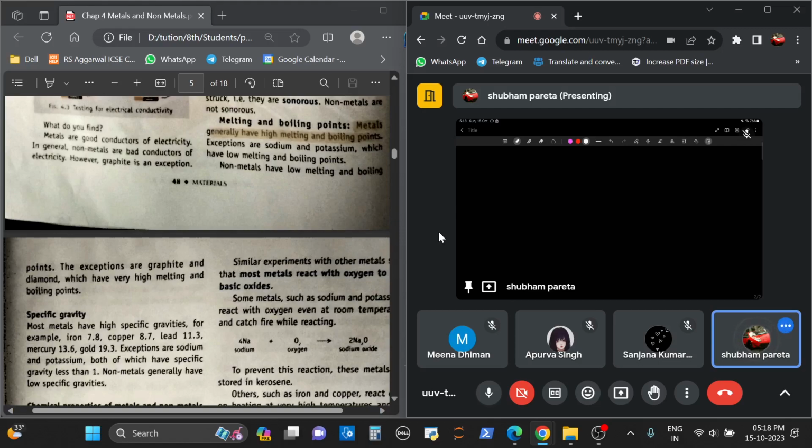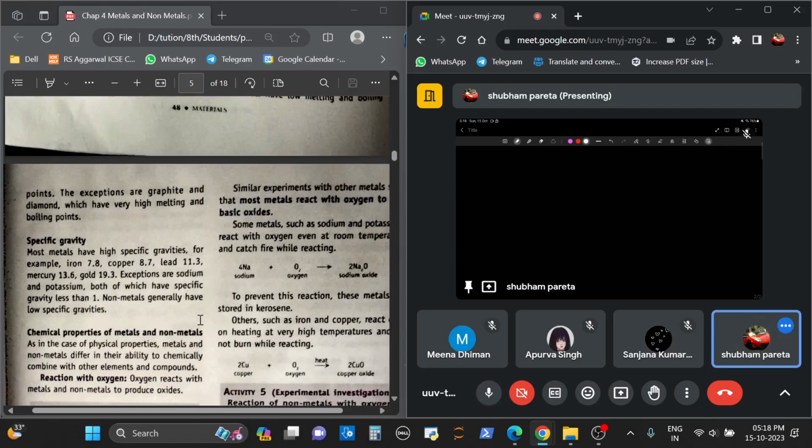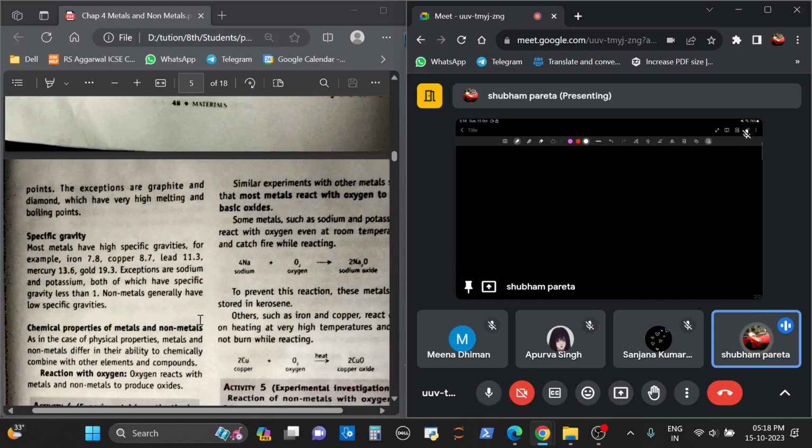So what does specific gravity actually mean? For example, if you release a metal inside the water, it will drown inside the water.